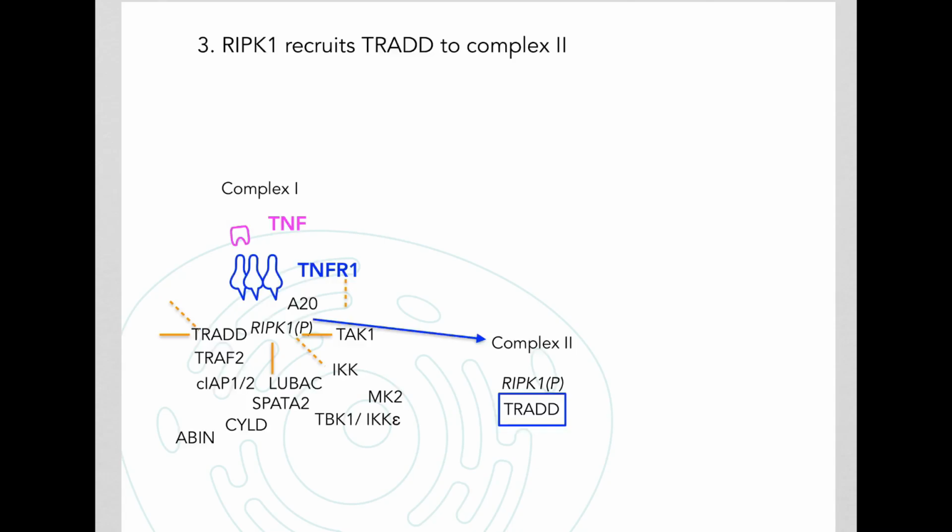So once RIPK1 is able to free itself from the unstable complex 1, and now this RIPK1 enters the cytoplasm, once it's in the cytoplasm, it will recruit this protein TRADD.